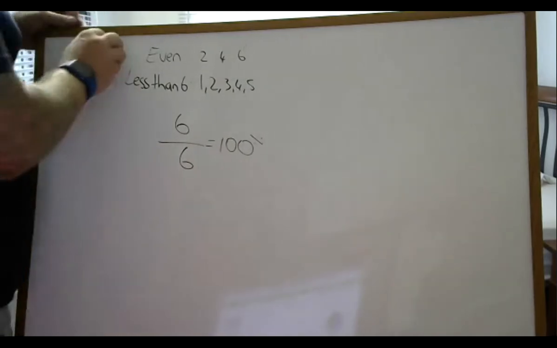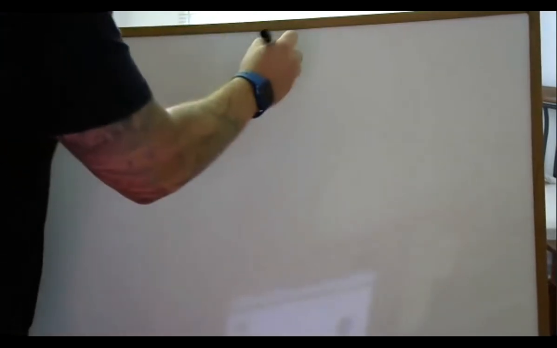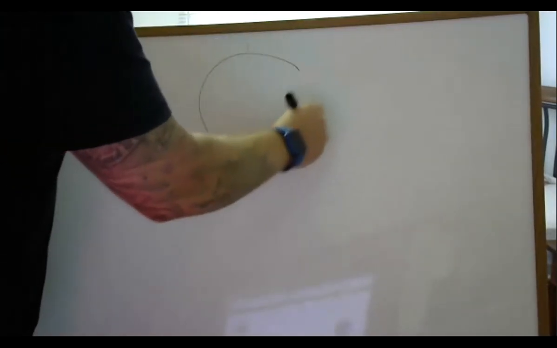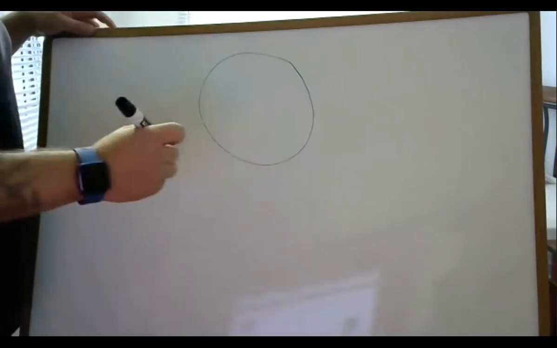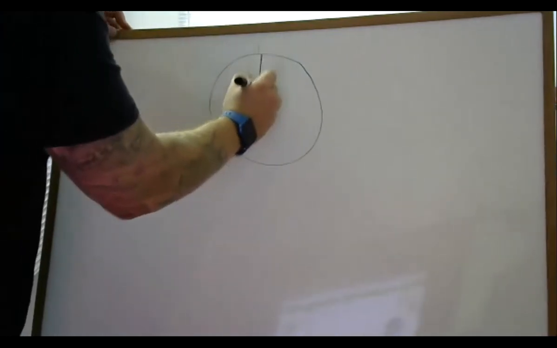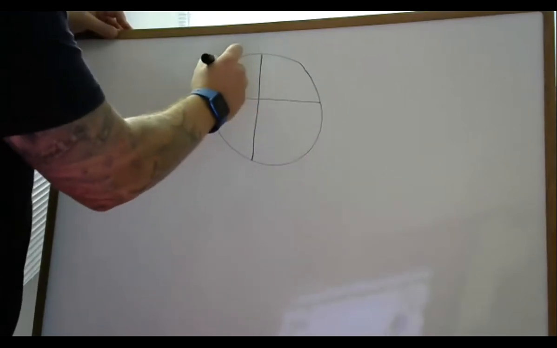So I'm going to do a sweet drawing on the board. You guys can go through it. So we have a spinner. Seven.